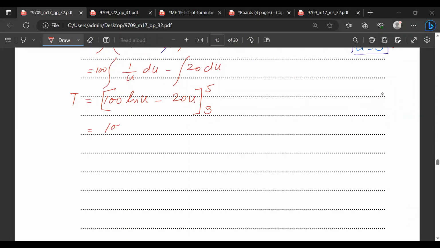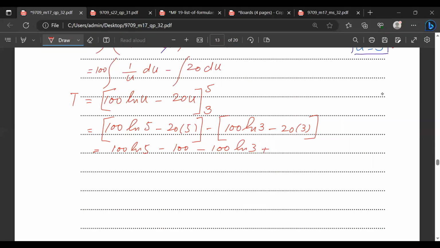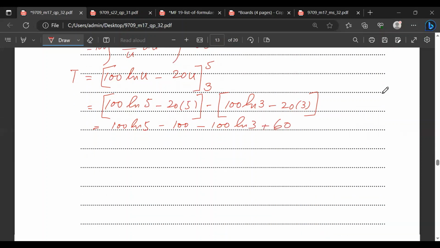Upper limit: 100 natural log of 5 minus 20 into 5, minus lower limit: 100 natural log of 3 minus 20 into 3. You can use a calculator, or you may write the answer in the exact form: minus 100 natural log of 3 plus 16.